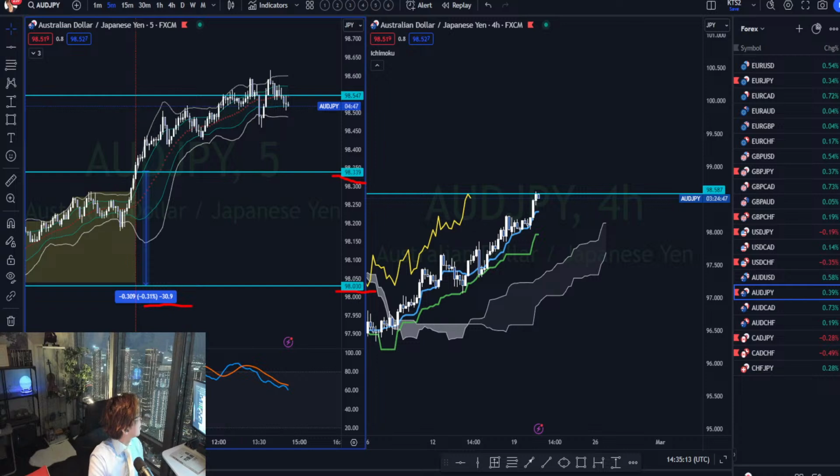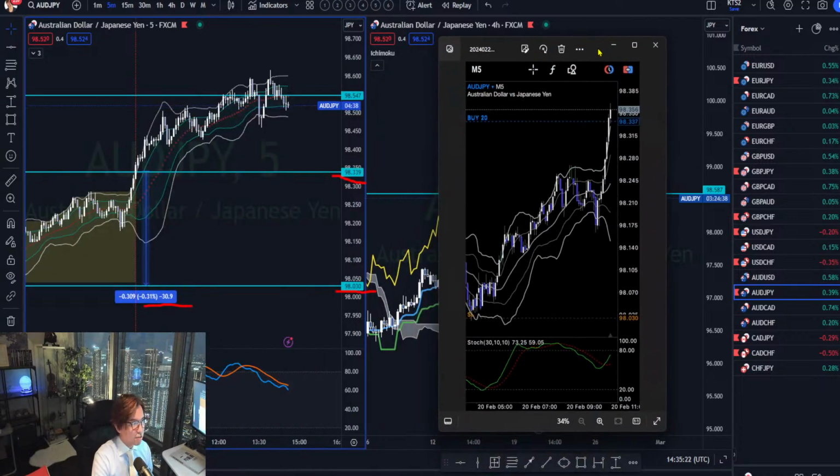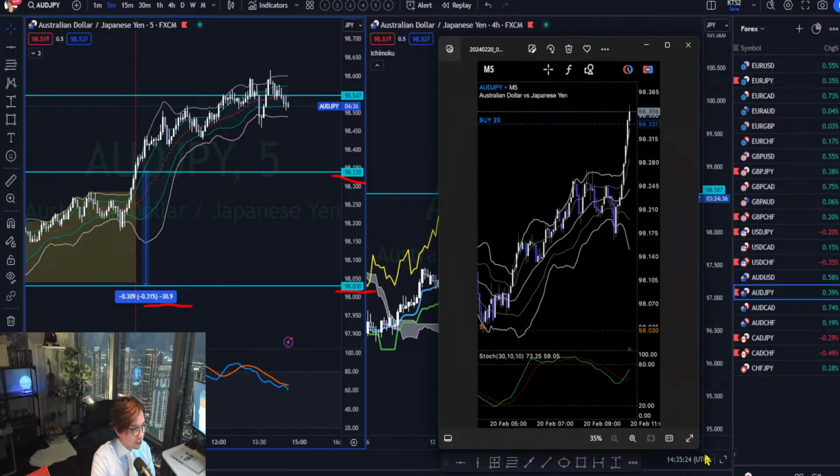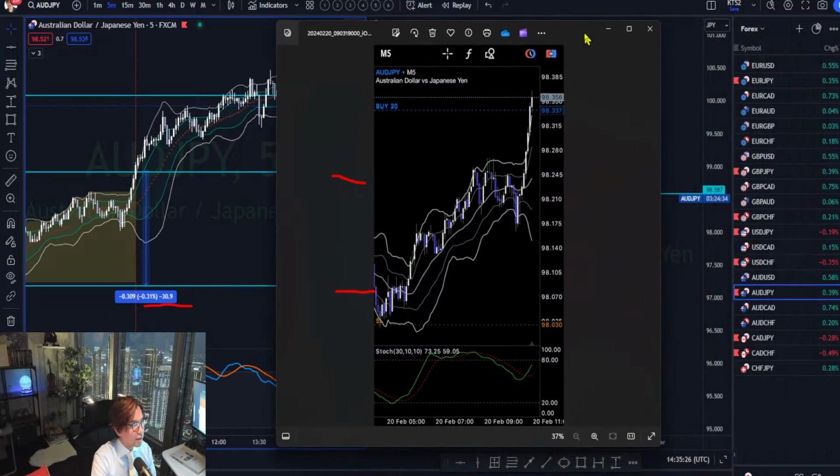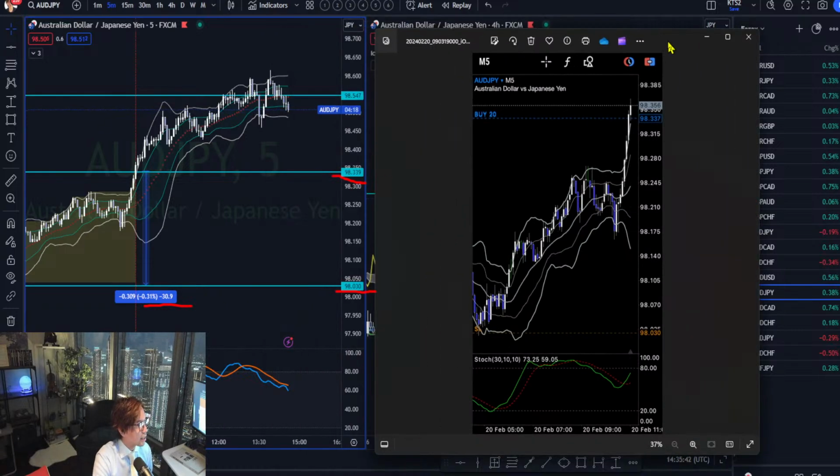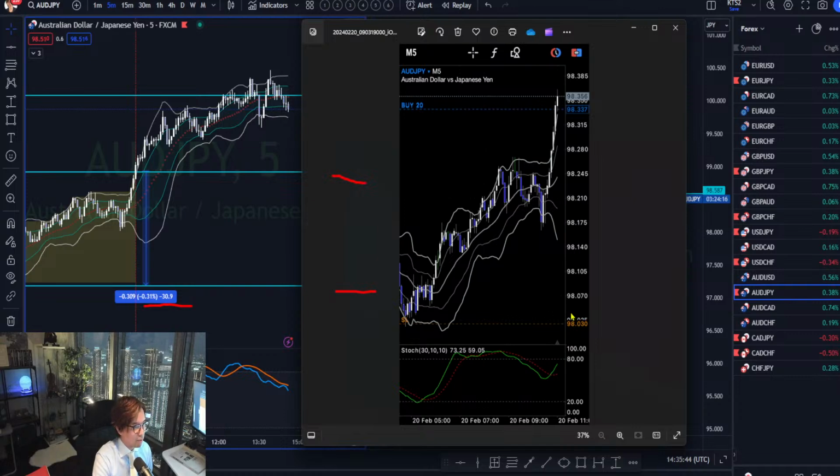And also let me share some screenshots from when I took the entry. So yeah, this is the screenshot from MetaTrader. This is when I took the entry, 98.33, and here is my stop loss below this pushback on the 5-minute chart. I took the 31 pips of stop loss like this.